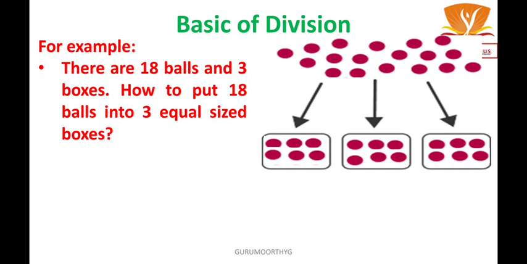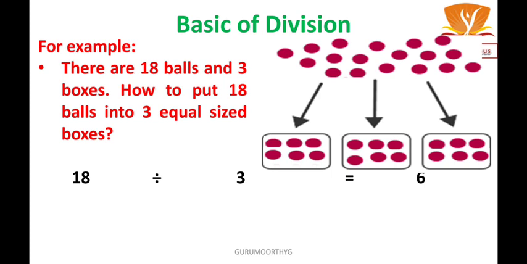When we share equally or distribute equally, we call it division. We write it as 18 ÷ 3 = 6 and read it as 18 divided by 3 equals 6.